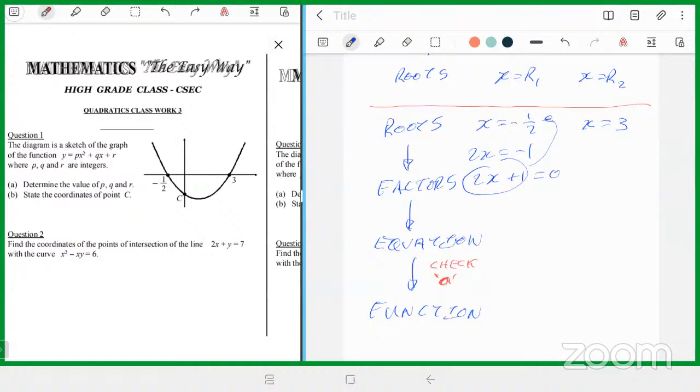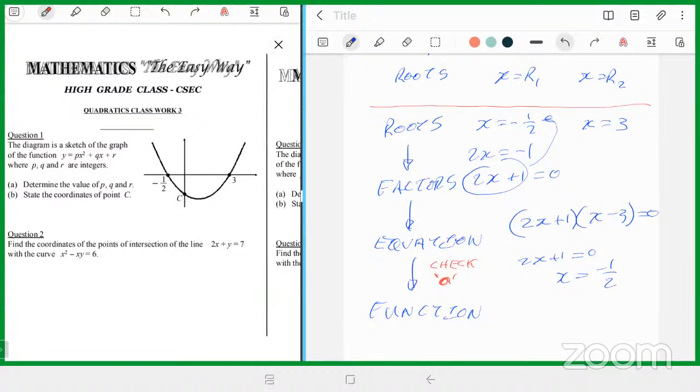So this is something that takes practice. Because remember now, if we had this as a factor initially, 2x plus 1 times, for example, x minus 3 equals 0, then this factor, 2x plus 1, could be equal to 0, and then the x would be equal to -1/2. Right?